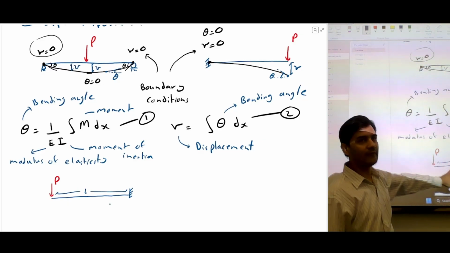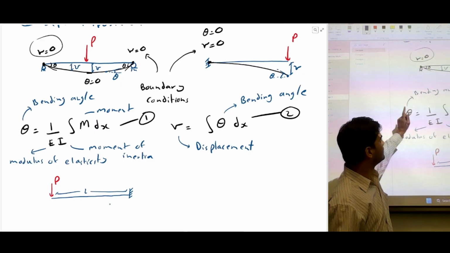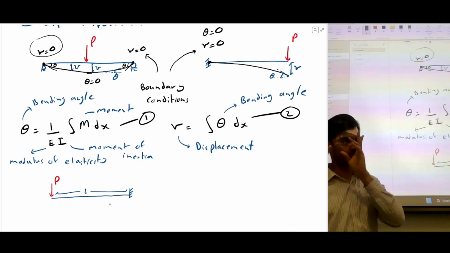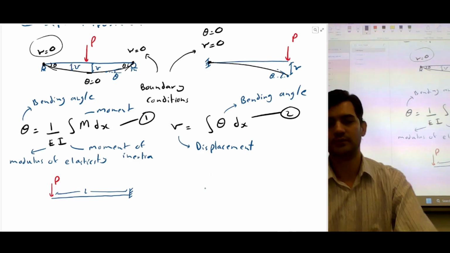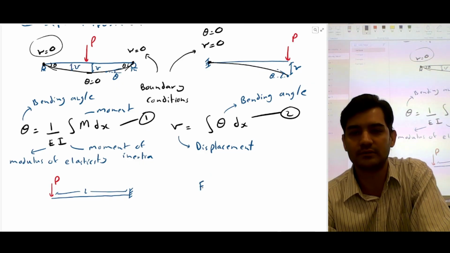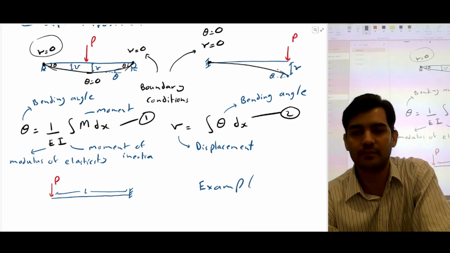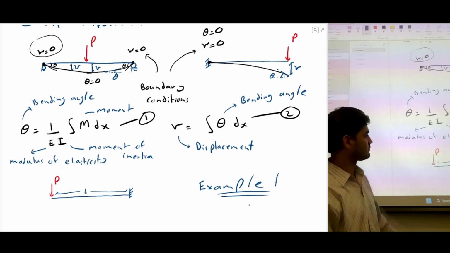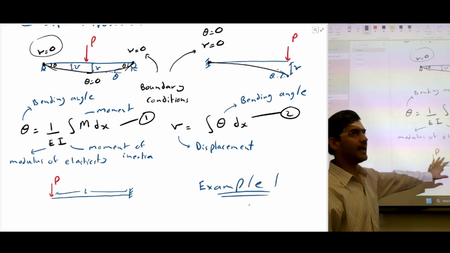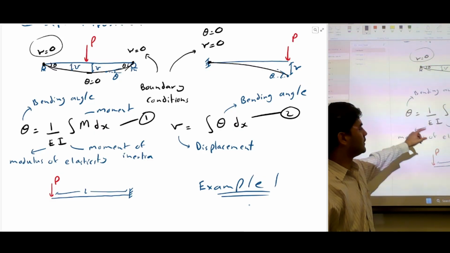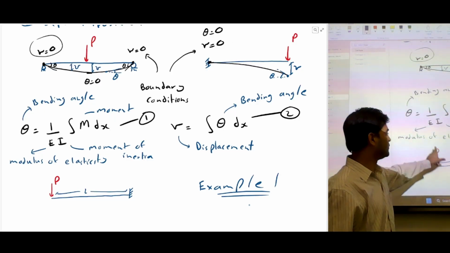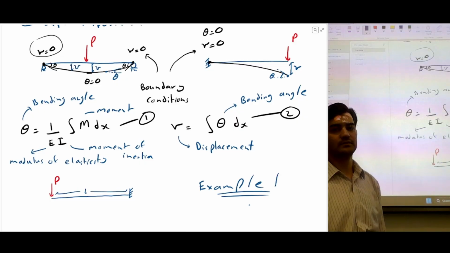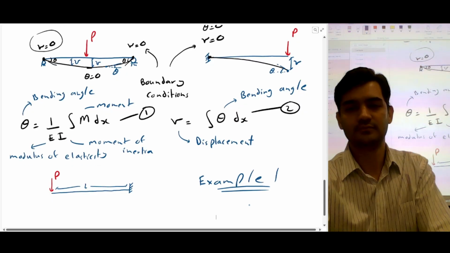We have to calculate the bending angle and the displacement for this case. Let's call this example 1. This is the simplest case, and we'll use the equation method to calculate the bending angle and the displacements.